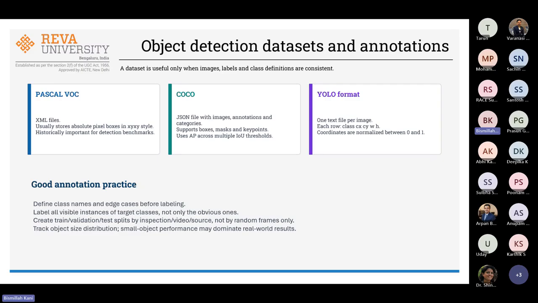And then it's also good to identify the edge cases before labeling. For example, there could be 2 classes that are visually similar, and what kind of class confusions can happen and what kind of inconsistencies can happen could also be considered.